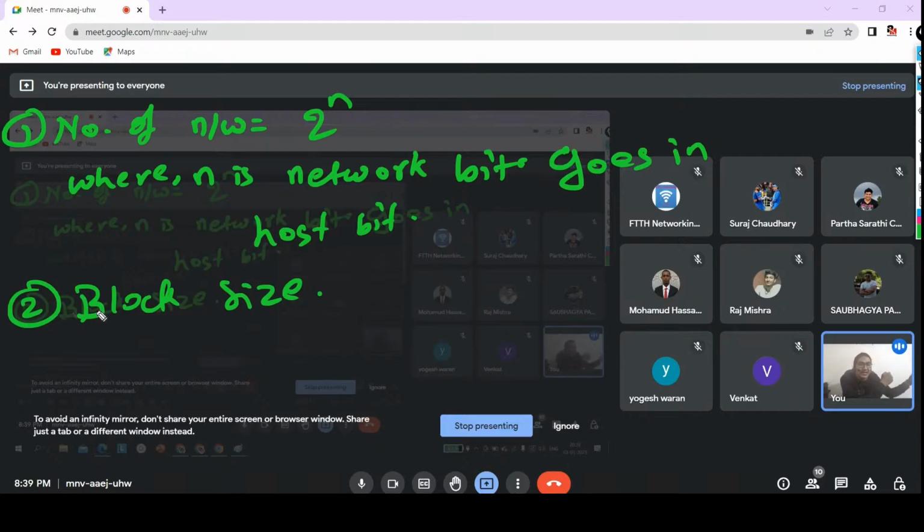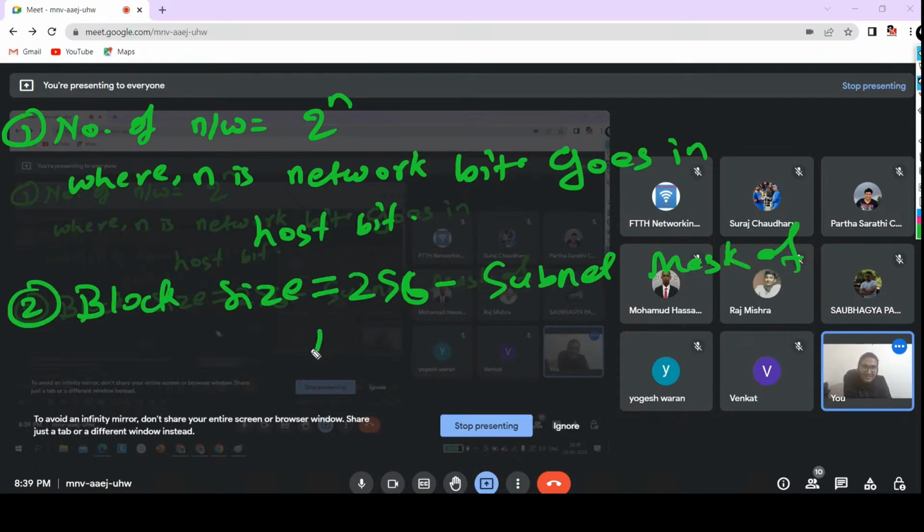Or if you have divided it into two parts, block size will tell you from where the last network starts. So the formula to calculate block size is 256 minus the subnet mask of the octet where the last one is present.